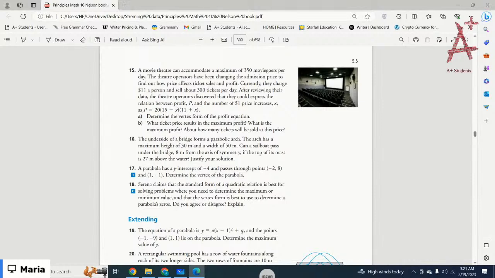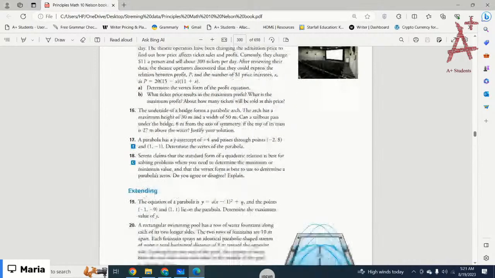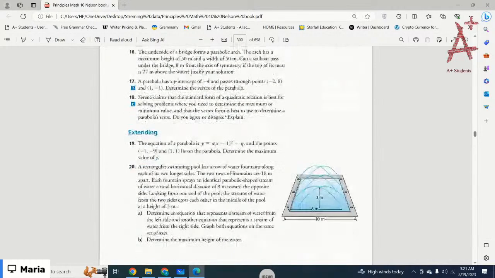Okay, question number 19. The equation of the parabola is y equals a times x minus 1 whole square plus q, and the points negative 1, 9 and 1, 1 lie on the parabola. Determine the maximum value of y. You can see the parabola is in vertex form, right?